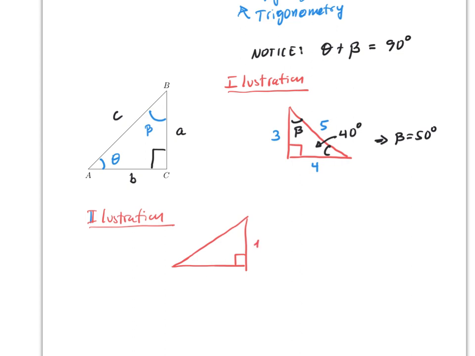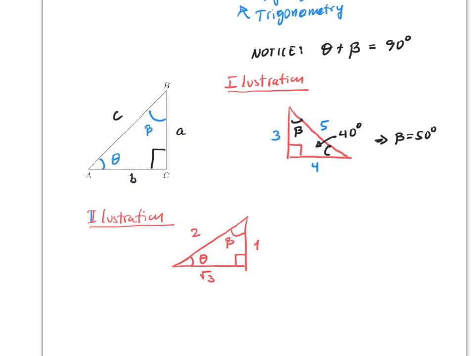Let's say that this side is 1, this is 2, and this is already equal to 3. But let's suppose that we don't know what the angles are. So let's call this theta and this beta. This is one of the special triangles, but let's say that you did not know that. So this is the given information, and the only things missing are theta and beta.